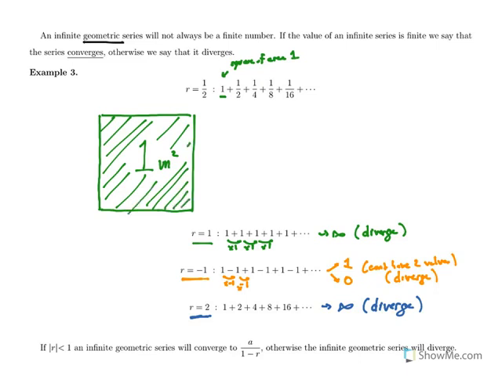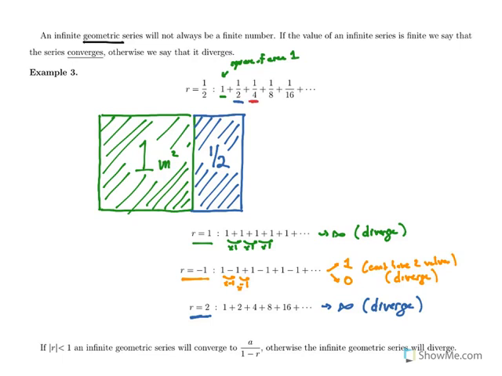And we're going to take that 1 unit squared and we are going to add a square of area 1/2. Or not a square, but a rectangle, I should say, of area 1/2. So half of the area of our square before.